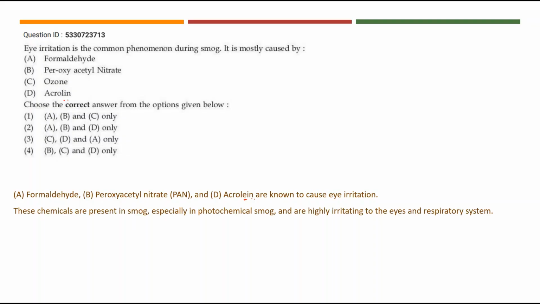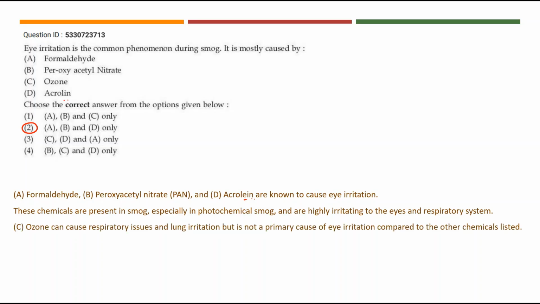These chemicals are present in smog, especially in photochemical smog, and are highly irritating to the eyes and respiratory system. Option number 2, A, B and D only will be the right answer. What about ozone? Ozone can cause respiratory issues and lung irritation, but it is not a primary cause of eye irritation compared to the other chemicals listed.